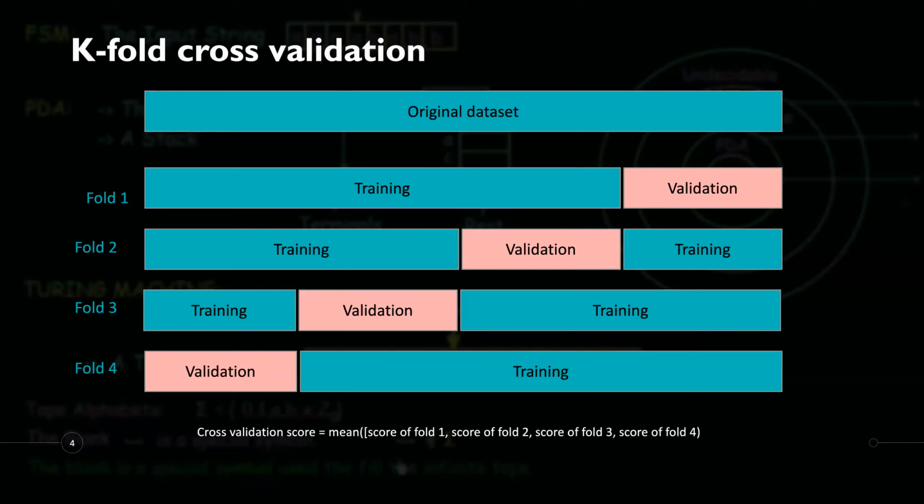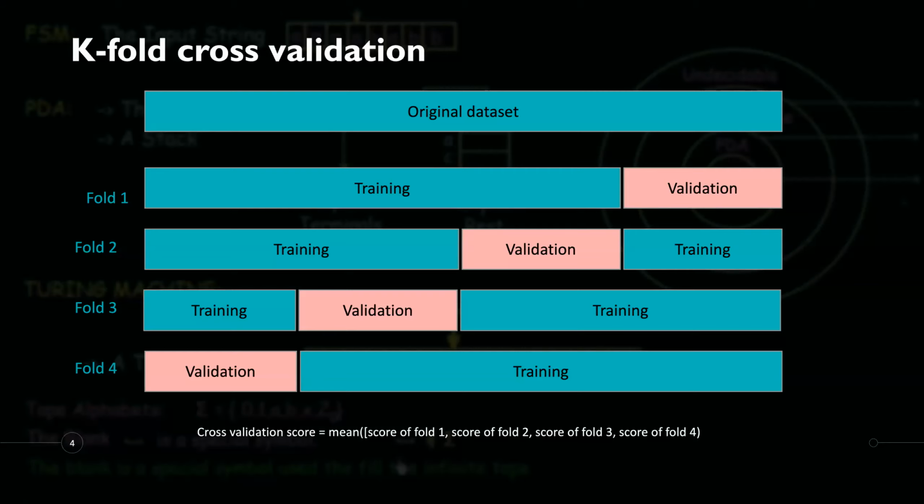By the end of the day, we end up with 4 validation results, and then we simply average them, which gives us a more stable or more reliable validation result.